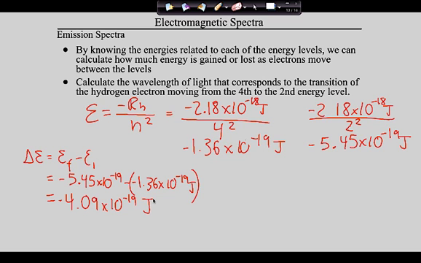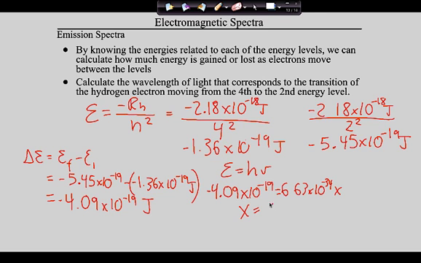Now, guys, we've got the energy. How do we come up with wavelength? So E is equal to h nu. So negative 4.09 times 10 to the negative 19th is equal to, what's h? 6.63 times 10 to the negative 34th times x. So x is equal to 4.09 times 10 to the negative 19th divided by 6.63 times 10 to the negative 34th.